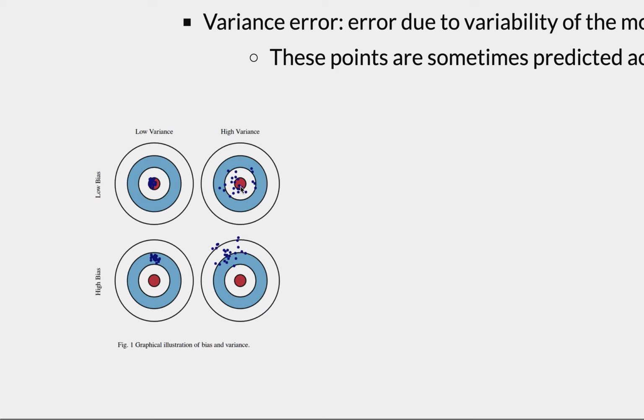If, however, we make predictions which are never really good, but somehow close, and there's a lot of variation there, then this is low bias and high variance. If we have some points which are always misclassified, no matter what the sample is, this is high bias. You systematically make the same mistake over and over again. And you can even have situations where you have both high bias and high variance. So you're off the mark and you also have a lot of variance.